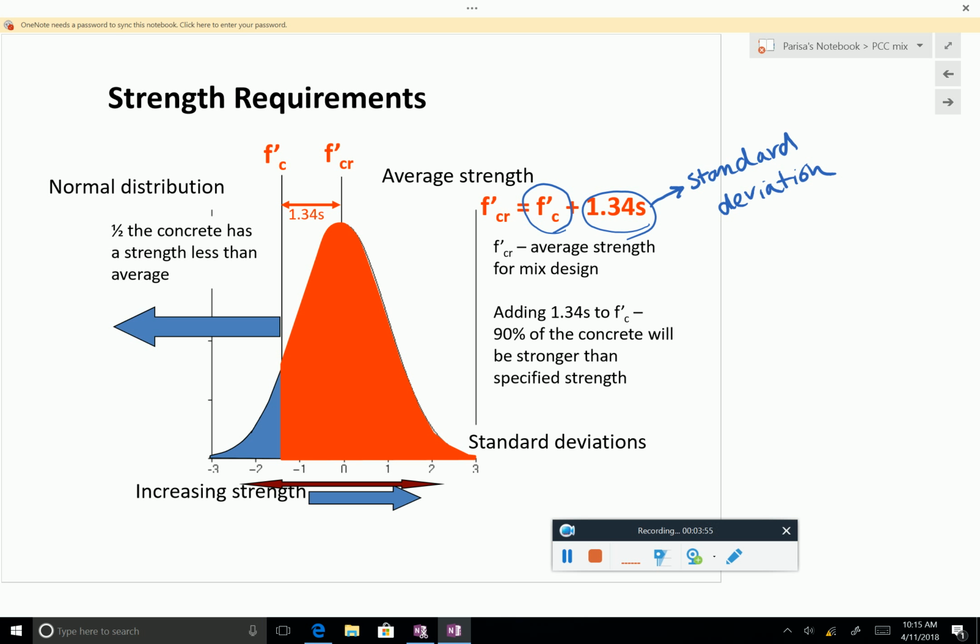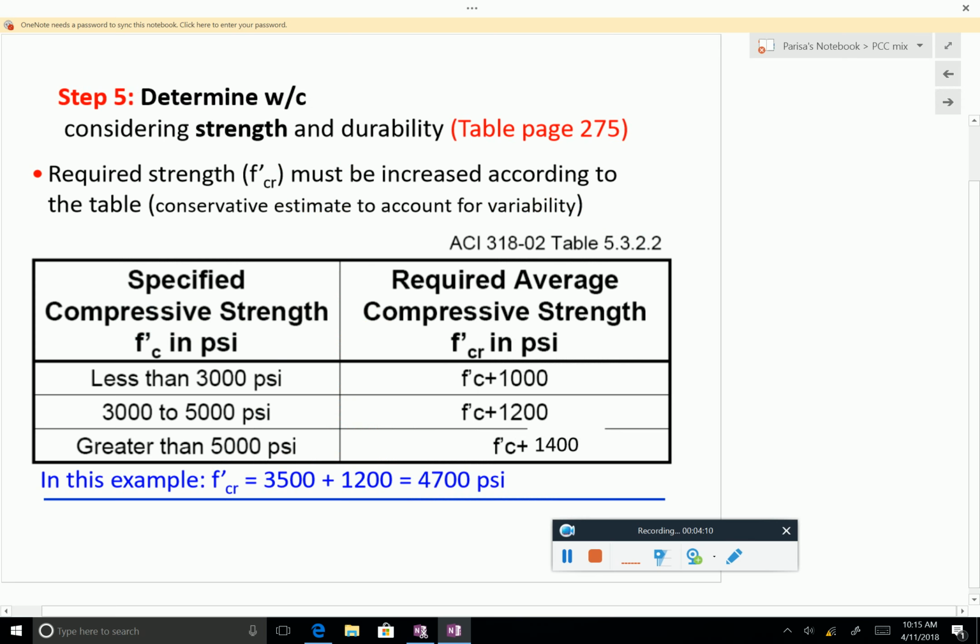I hope this is clear. Statistics is a prereq for this class or concurrent. So if this is clear why we have to add 1.34. Yes? We do that to increase the safety factor in a way.